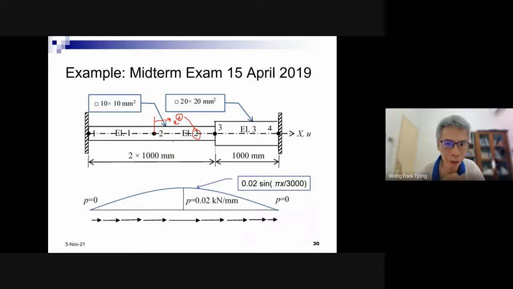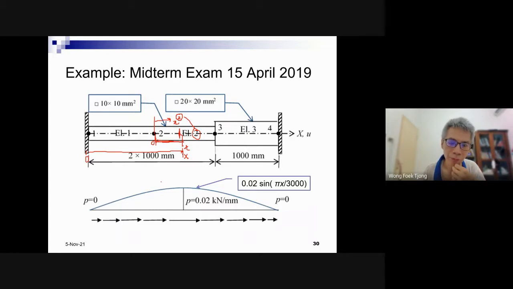What is the connection between the local and global coordinates? If we have a point here, let's say the coordinate is small x according to the local coordinate, but according to the global coordinate it is capital X. We measure from this origin for the local, but for the global one we measure from here, capital X. So what is the relationship?